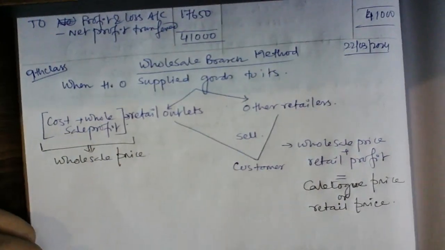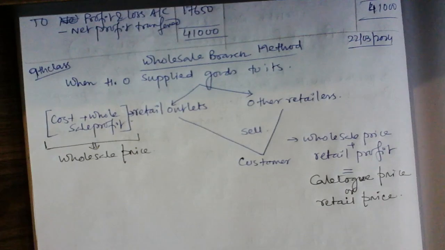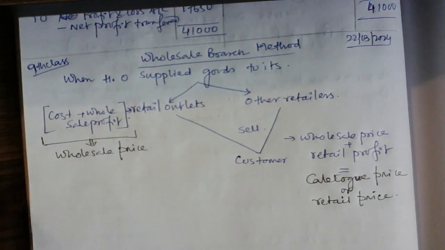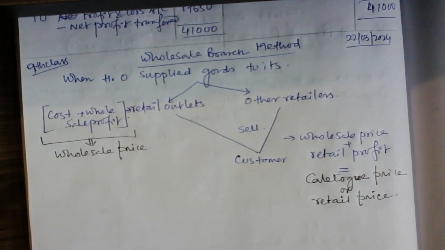So these are the fundamentals of the wholesale branch method. When HO supplies goods to its retail outlets and other retailers who sell to customers, then wholesale price plus retail profit is equal to catalog price or retail price.